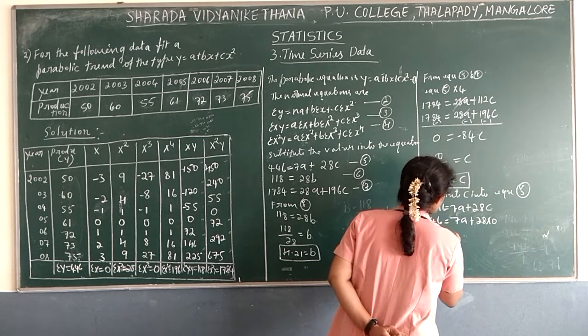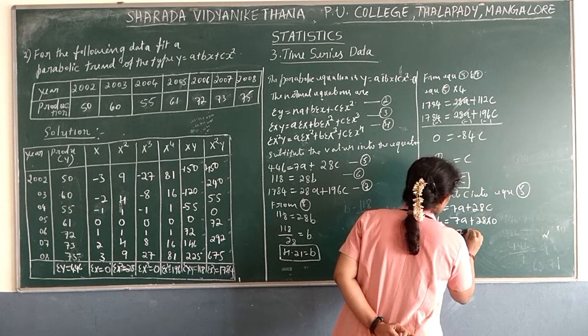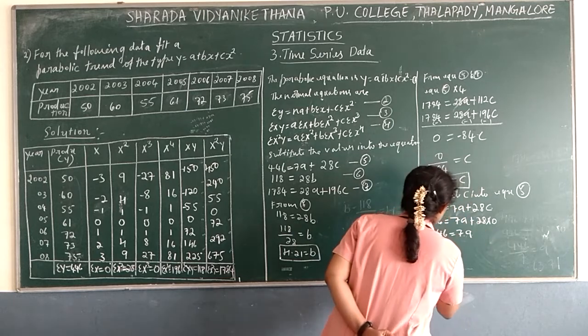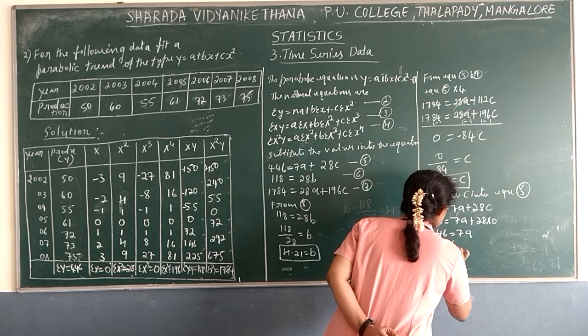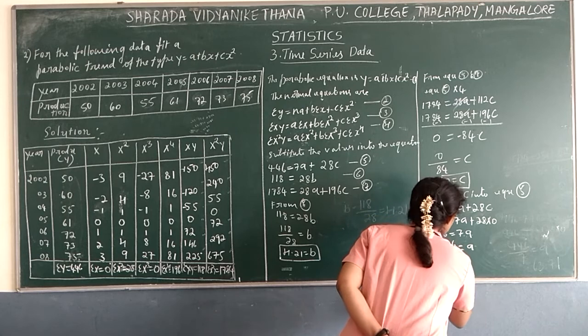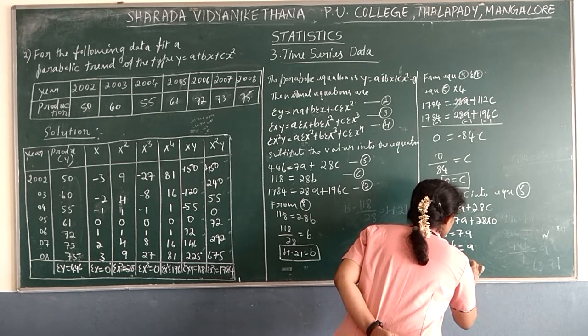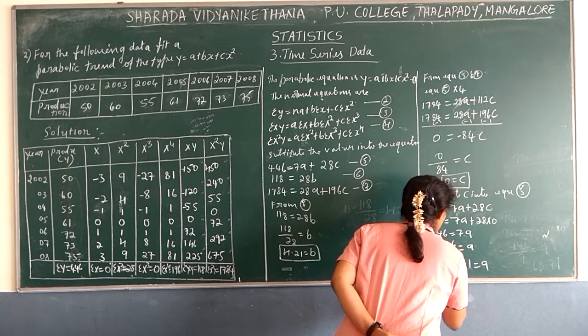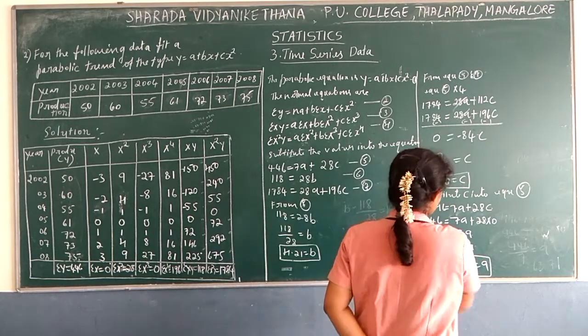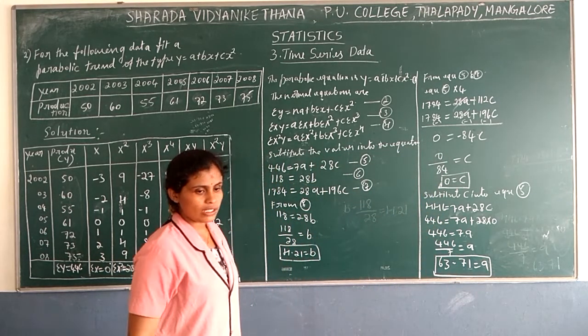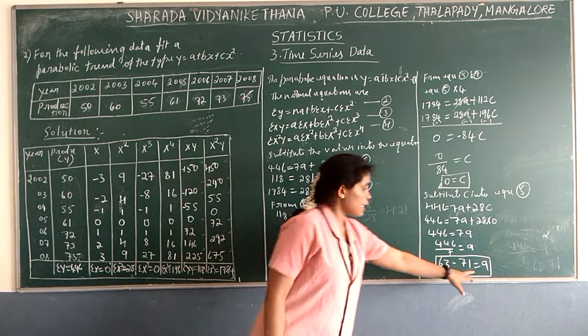So 446 is equal to 7a. So here 446 by 7 is equal to a. We get a as 63.71. So this is the value of a.